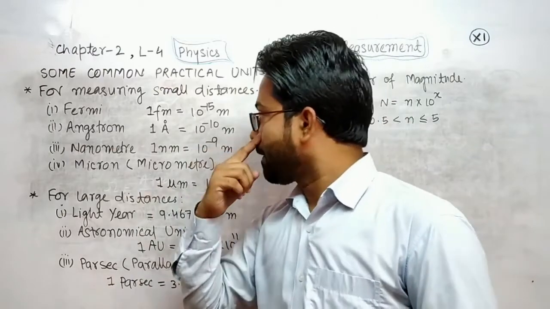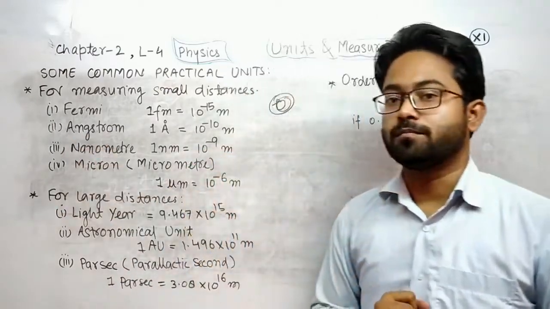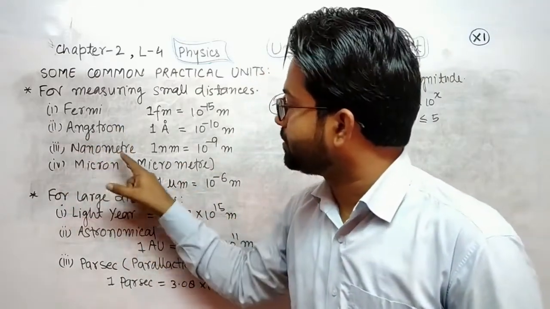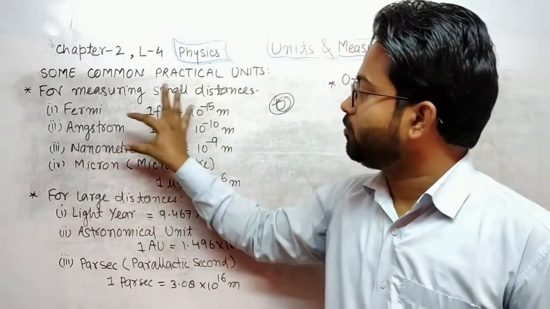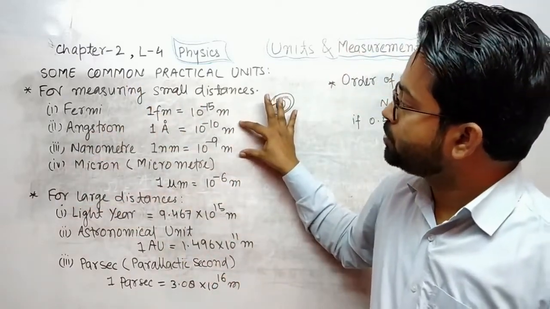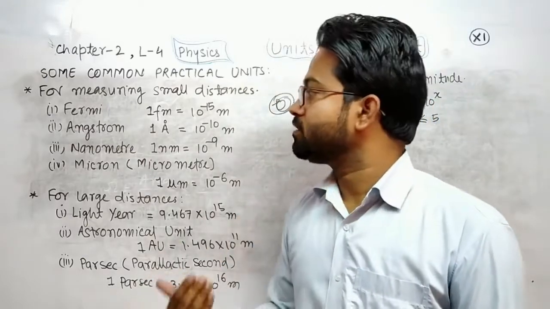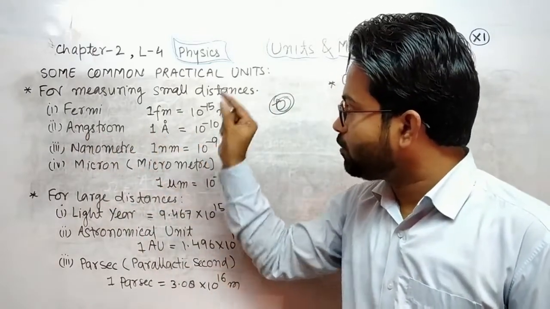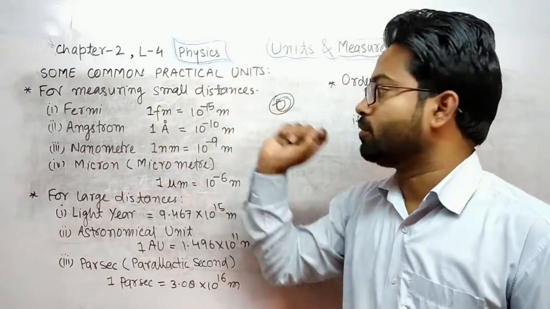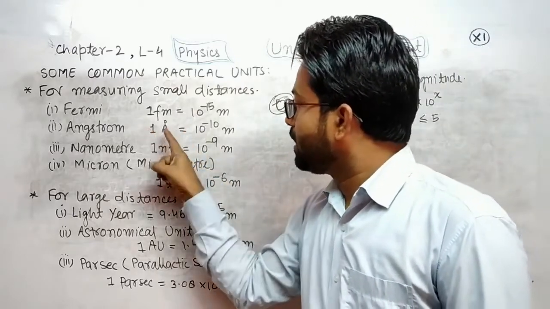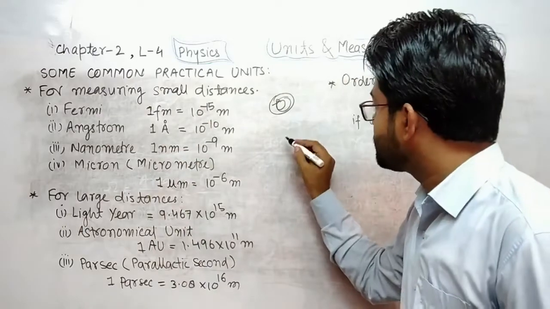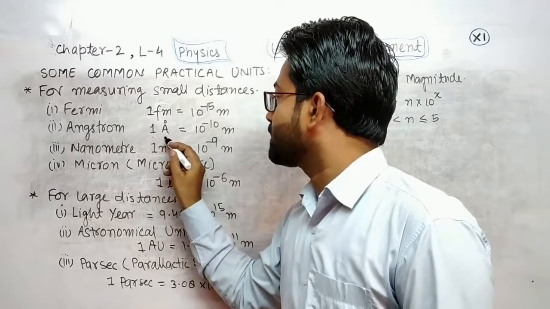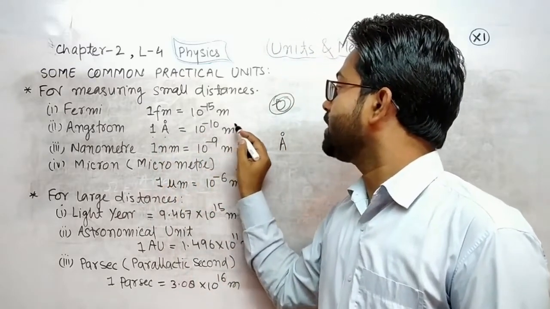Okay, next is angstrom, and next is nanometer. Angstrom and nanometer are both used to measure the wavelength of light. 1 angstrom is written as 1 A with a small circle just above the A. This is angstrom. 1 angstrom is equal to 10 to the power minus 10 meter.